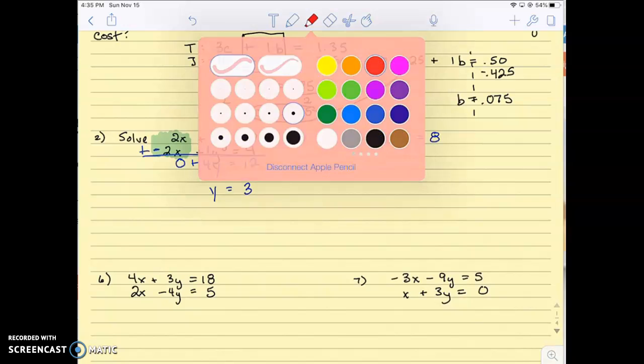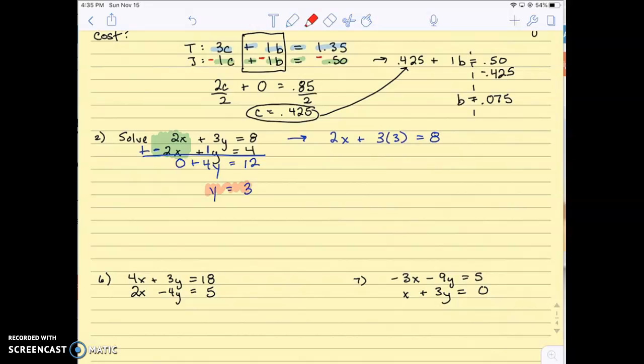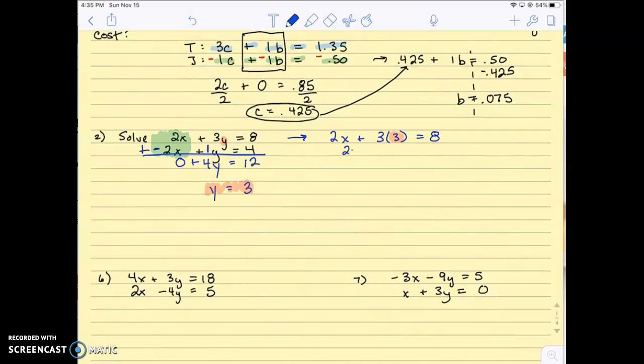Okay, get your eyeball where it needs to be. Here's y equals 3. That's why I changed. 2x plus 6 is 8. Subtract 6. 2x is 2, x is 1. You're not done yet. You want to write your final answer as 1, 3.